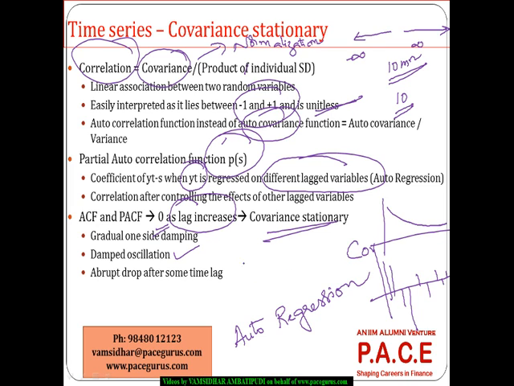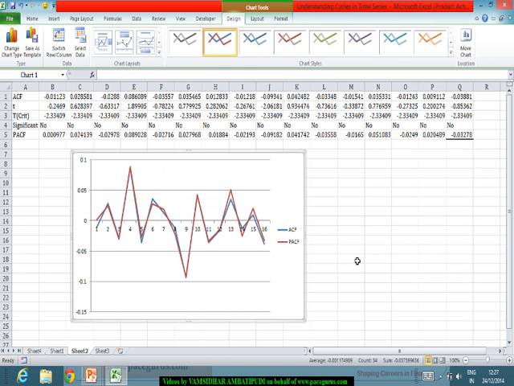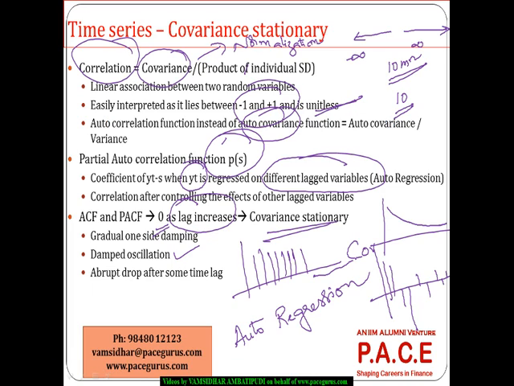That is a damped oscillation, and probably for some period the ACF is significant, and suddenly after this it is going up. Even those kinds of things are possible, but as the lag is increasing, I need to see that the overall ACF and PACF should go much closer to 0.